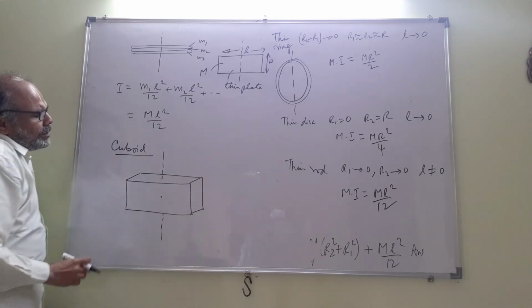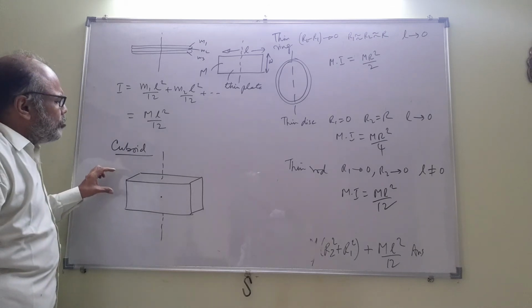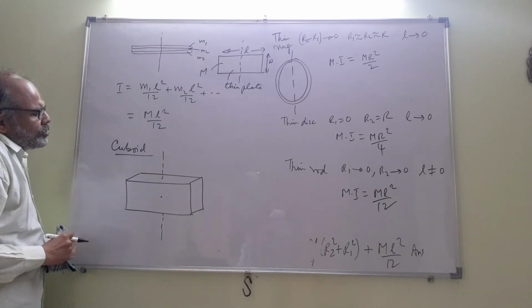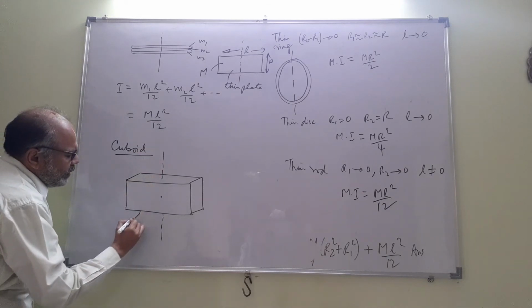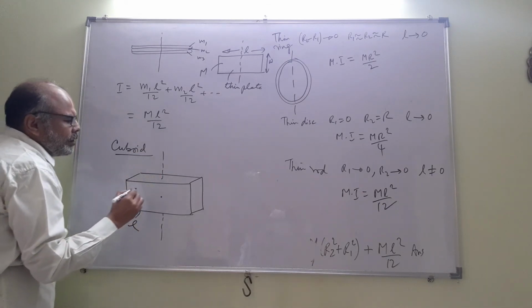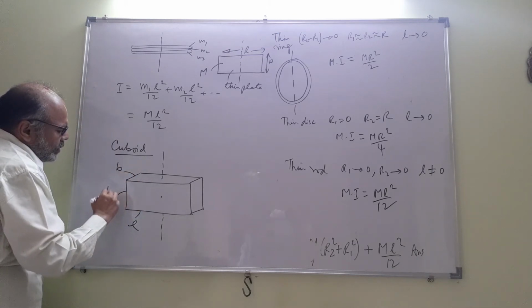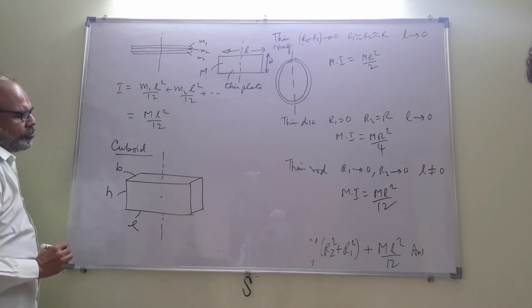Why we are considering this is because the cuboid can now again be approximated to a thin rod, and we will see those approximations. Let the length be L, let the breadth be B, and let the height be H.